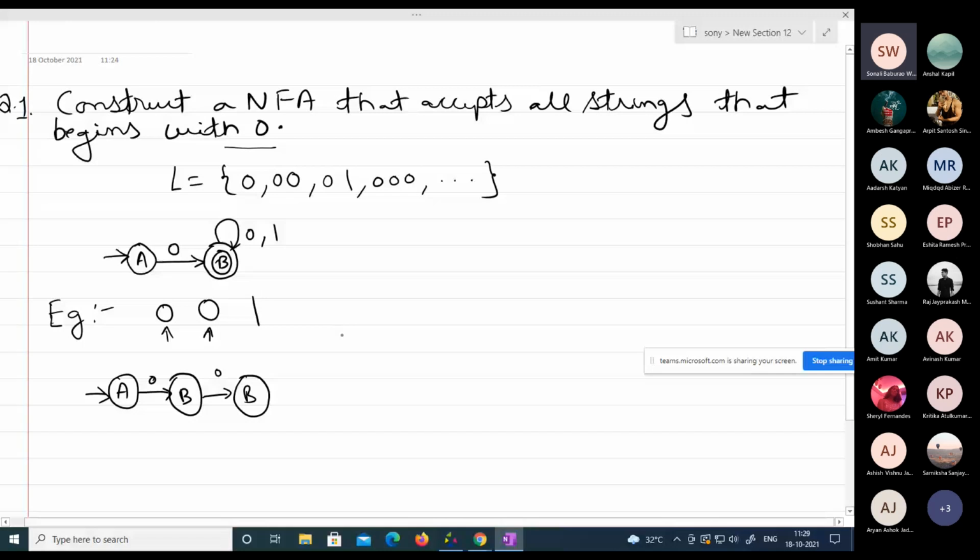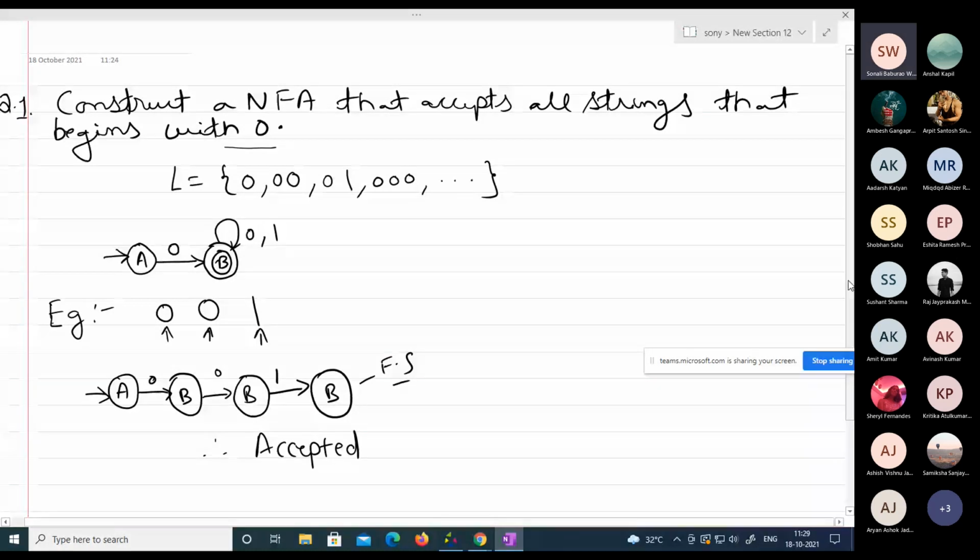Then on receiving 1 also, I am going to B again. B is my final state. After sending all the inputs, I am present in my final state. Therefore the string is accepted.